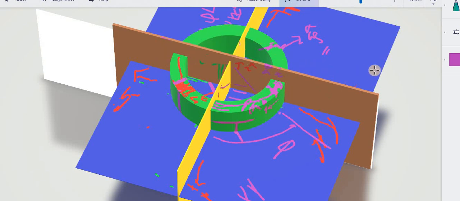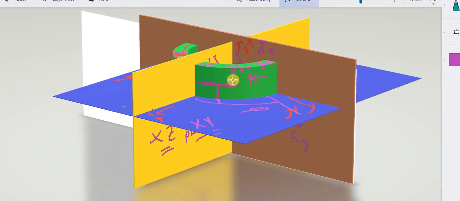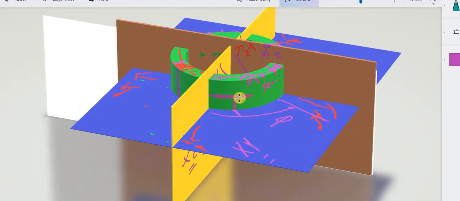So there will be one plane parallel to the xy plane. That surface is known as a constant z surface, and the direction of that surface is the plane perpendicular to z.